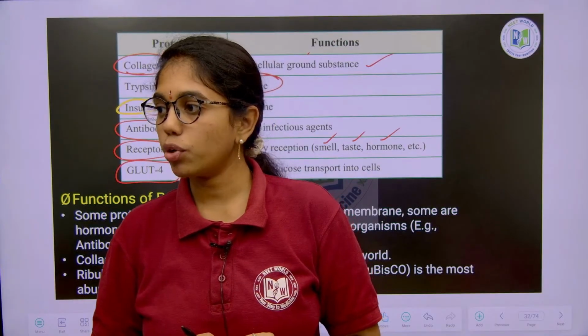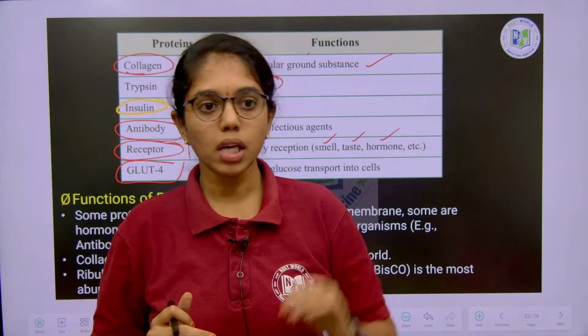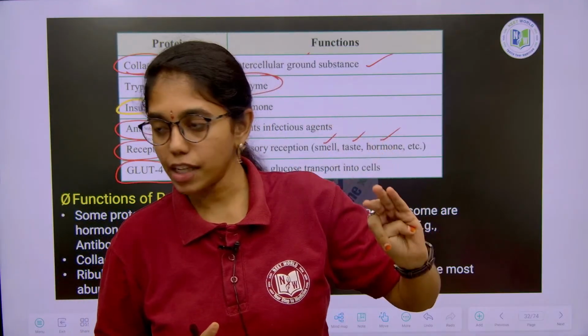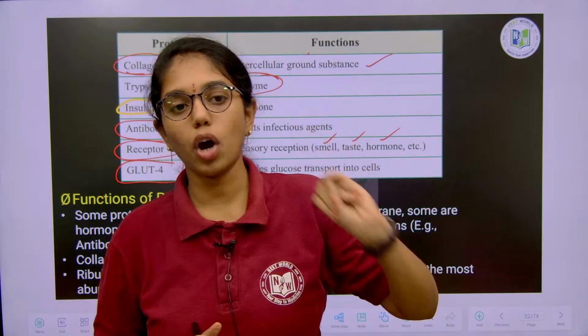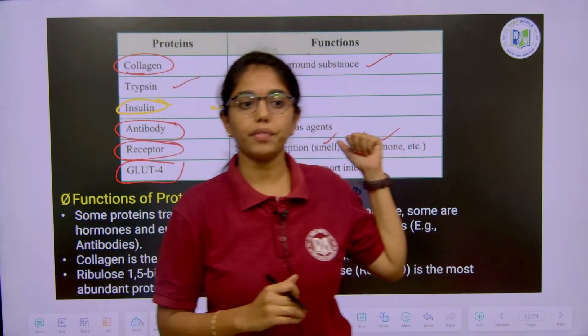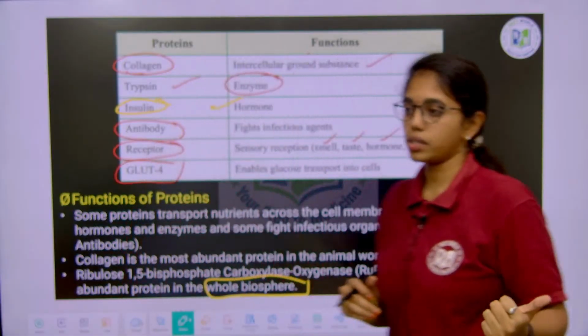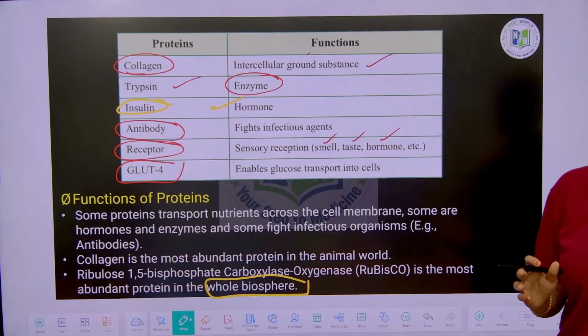After that we looked into zwitterion, then structures of proteins: primary, secondary, tertiary and quaternary structure. At the end, the diversity of proteins in our body, and the NCERT liners from proteins. So proteins are clear to everybody, right?